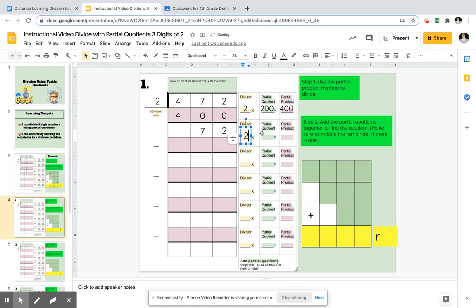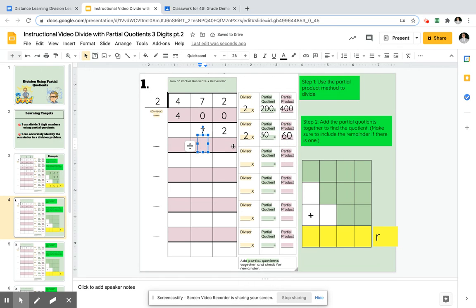Let's see. We can start with, what if we did 2 times 50? Well, 2 times 50 would give me 100. That's too big. What about 2 times 40? Well, 2 times 40 would give me 80, and that's too big too. What about 2 times 30? Oh, that's 60. That's pretty close. Let's use 2 times 30. 2 times 30 gives me 60.